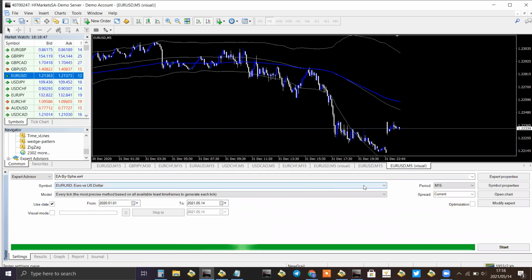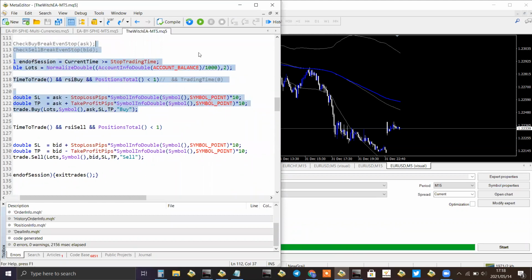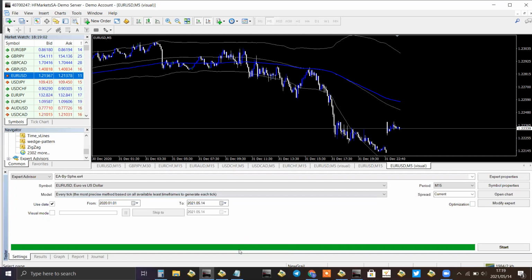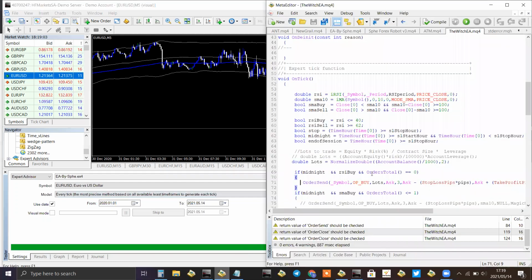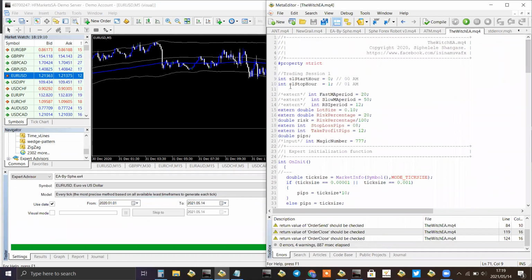So now there's another EA that I've built. I'm currently just working to switch it over to MT5. I'm done with the MT4 version. I'm calling it the witch. Let me show you why. I'm not very good with names, so the reason why I'm calling this the witch you'll see here.